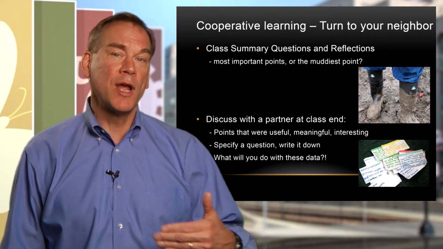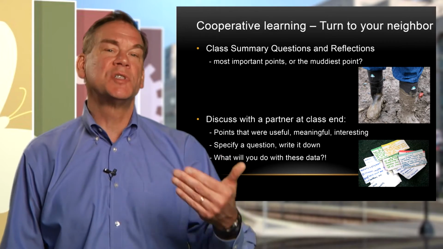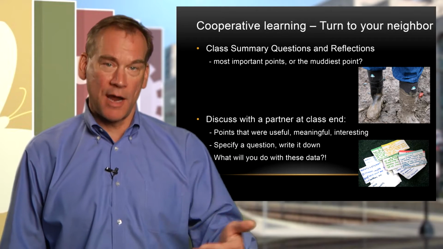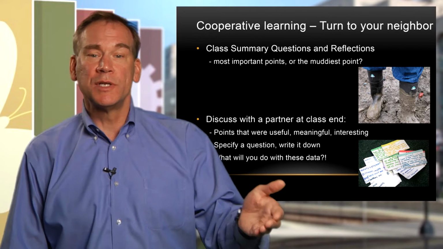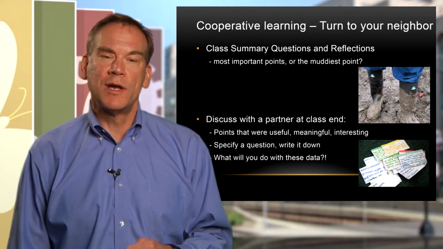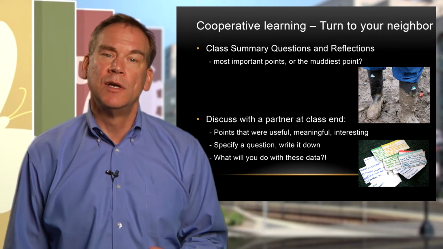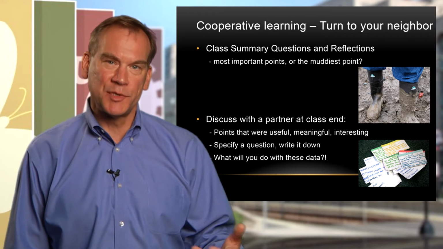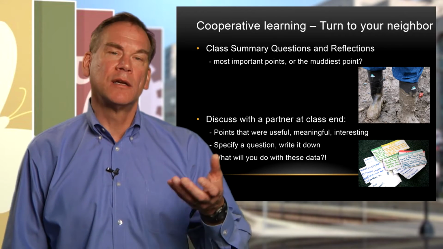This is, again, a way of engaging your audience in higher level learning and then respecting and valuing their activities when they do that. You could discuss with a partner which points were useful, meaningful, or interesting. And then finally, what questions do you have, or what might you do with this data? All of those are examples of using informal cooperative learning in classrooms.